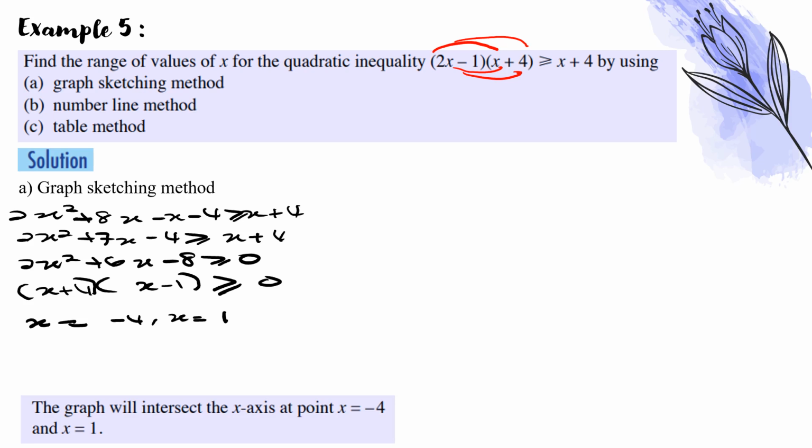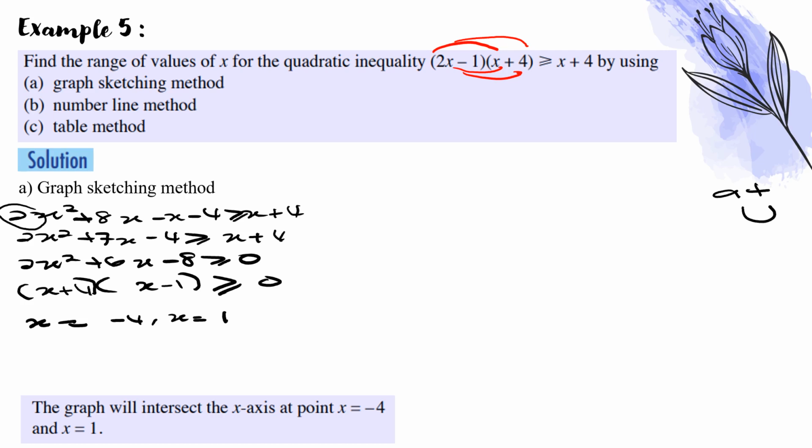So these are the intersections of this graph with the x-axis. Okay, so how to do the graph? Since you already have the intersection points, for a quadratic graph you need to remember that if the coefficient of x squared, a, here is 2, and the coefficient a is positive, you will get a smile graph.